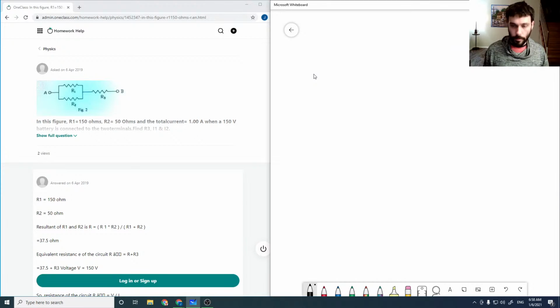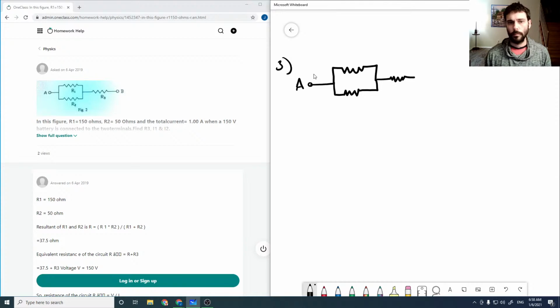So for the third one here, I'm going to do a couple circuits. So we've got A, and I'm just going to draw it and then fill in the extra information. So we've got R1, R2, and R3.